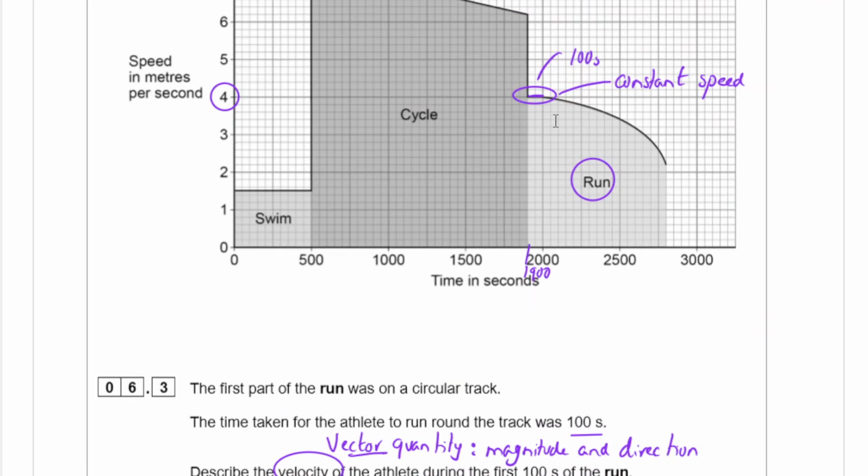Okay. So let's have a look at the diagram again. So from this point to here is decelerating, the speed is going down. Now, if it was a straight line between these 2 points, then it would be constant deceleration.